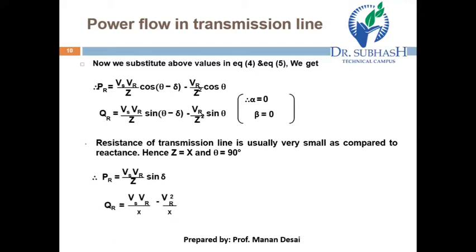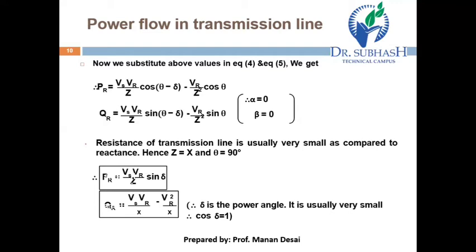So PR is equal to Vs VR upon X sin delta, because we put theta equal to 90, and QR is Vs VR upon X minus VR square upon X. Because delta is a power angle and it is usually very small, cos delta is equal to 1. So we removed these terms and simplified PR and QR.